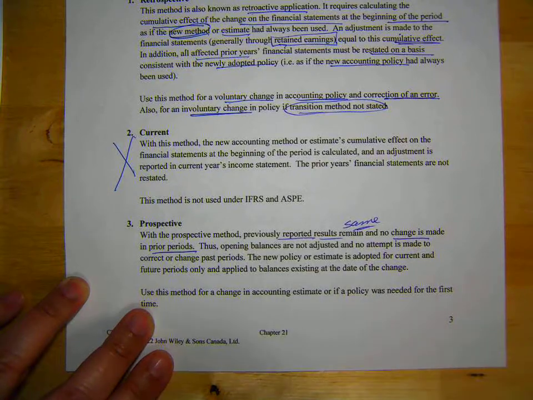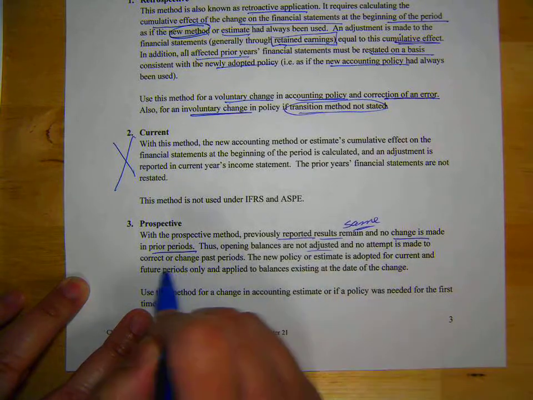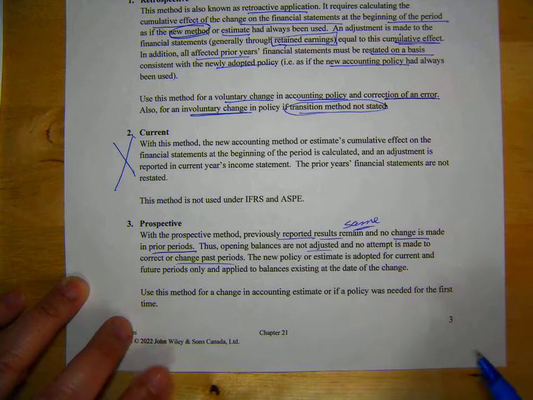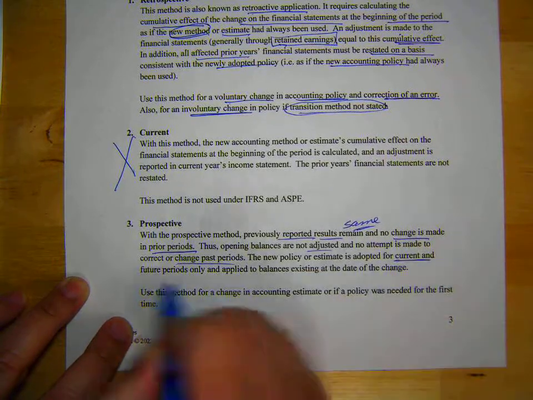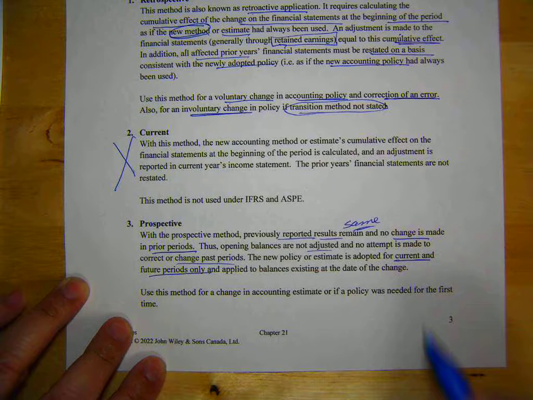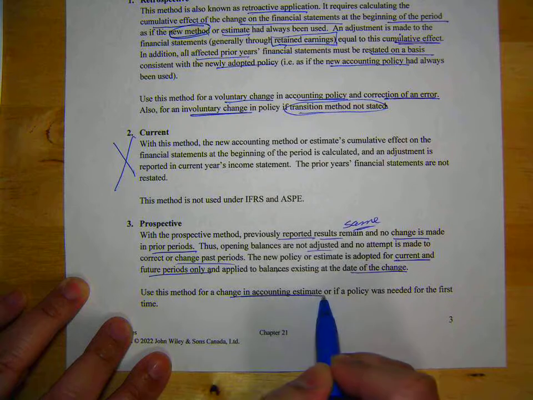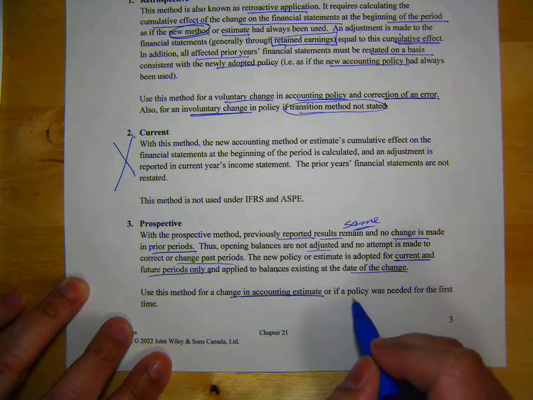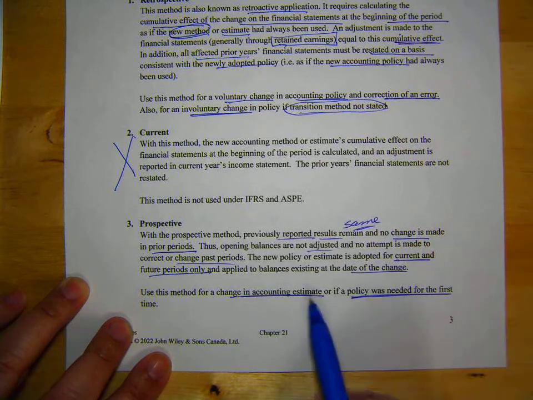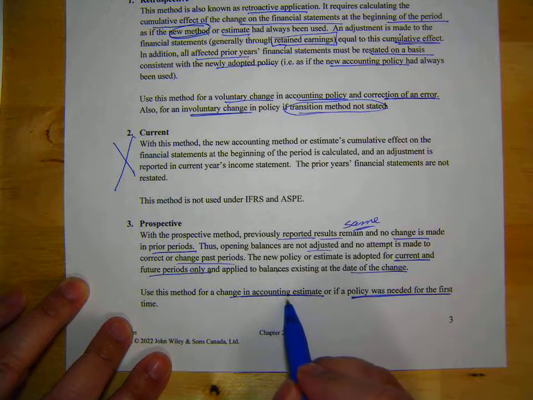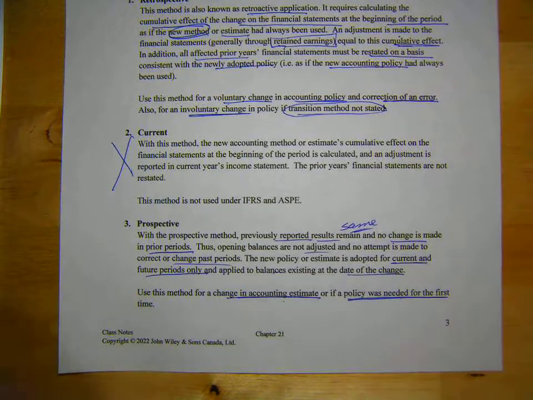So don't adjust opening balance, and you don't try and fix the past periods. All you do is adopt for current and future periods only and apply to balances existing at the date of the change. So use this for a change in accounting estimate or if a policy is needed for the first time. So this is the only times you use it. A change in accounting estimate or if a policy was needed for the first time.